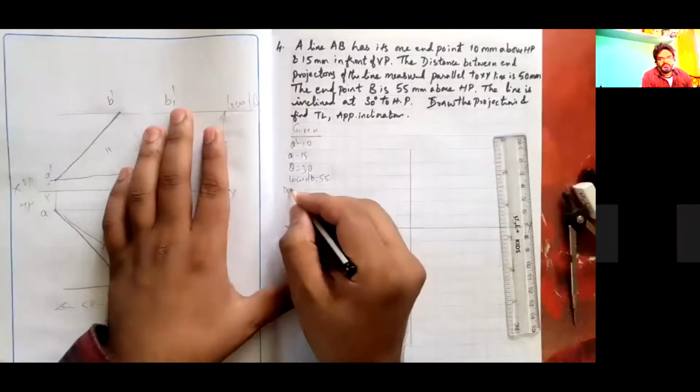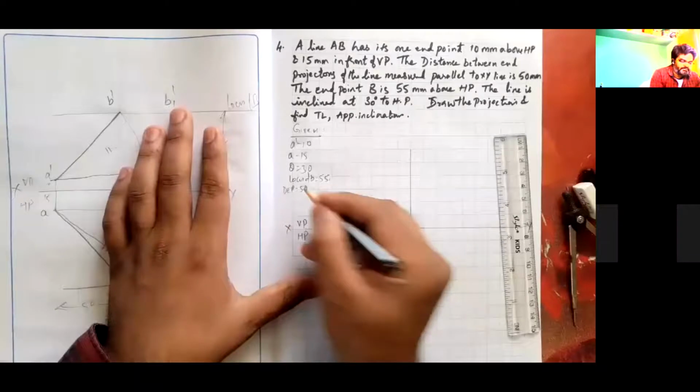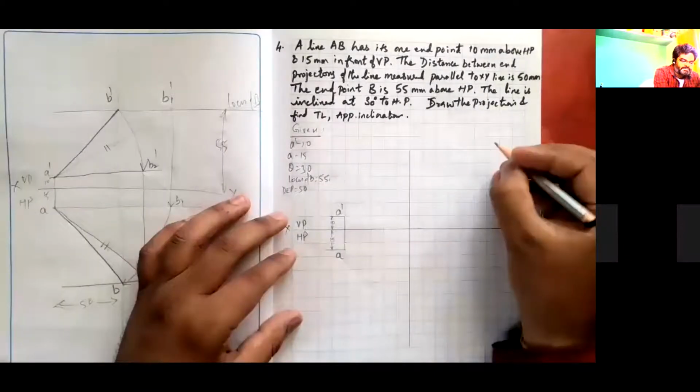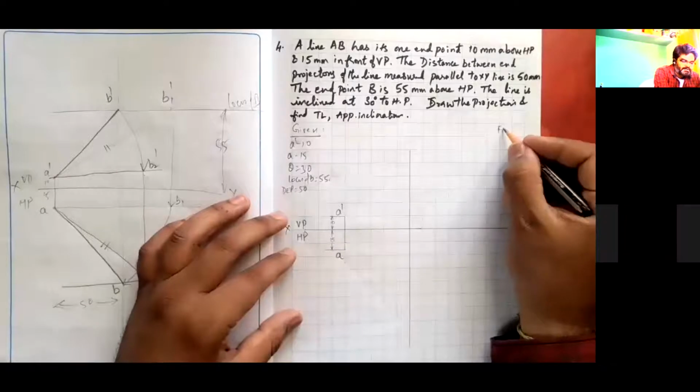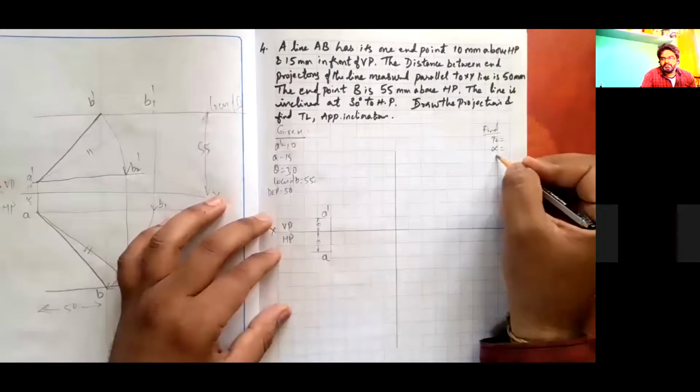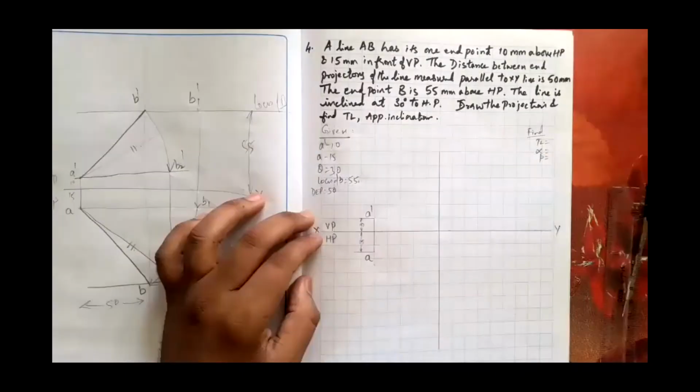So these things are known. So let us see. Let's find out. True length is not known. Alpha and beta we are supposed to find.